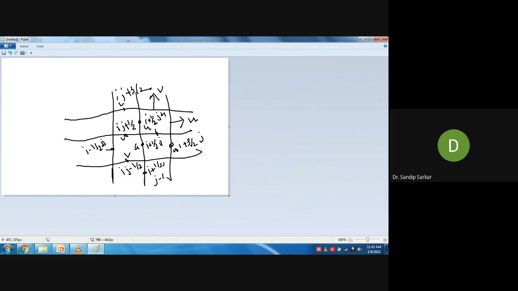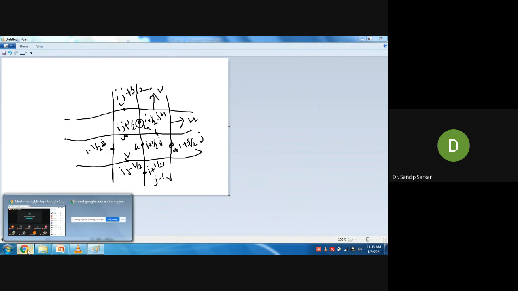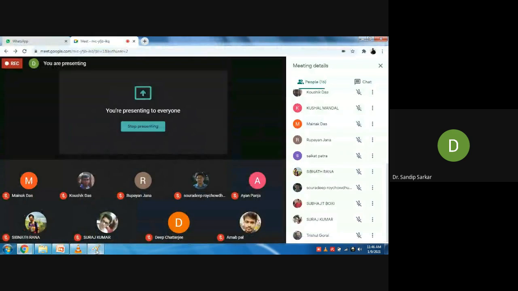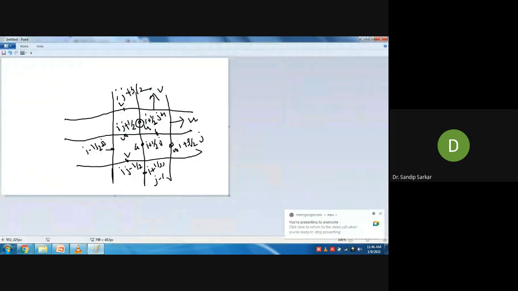But we want to calculate the value of v at (i plus half, j plus 1), this point. How to calculate? Subhajit, you were giving a very correct answer in the last question. Can you explain how to calculate v at (i plus half, j plus 1)?